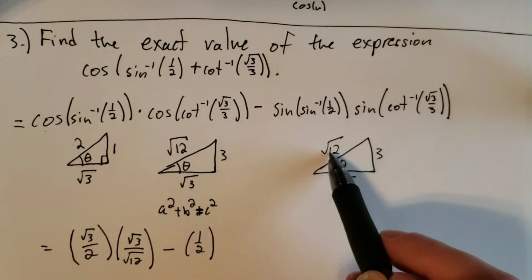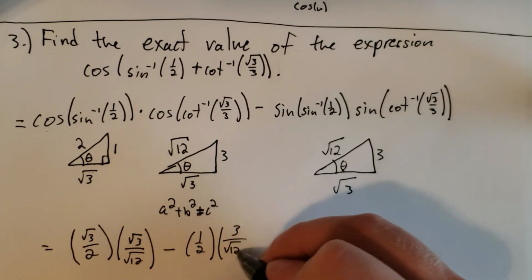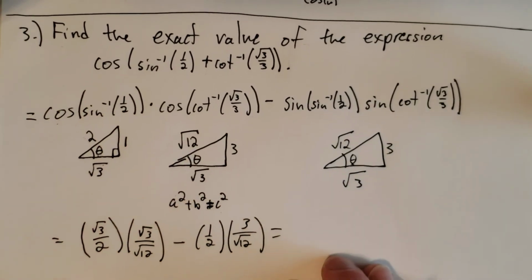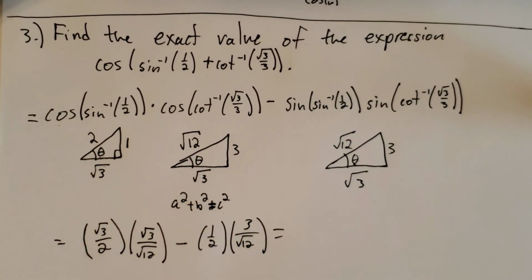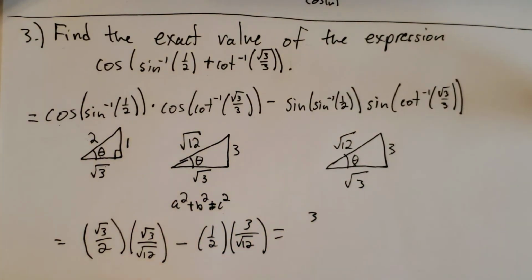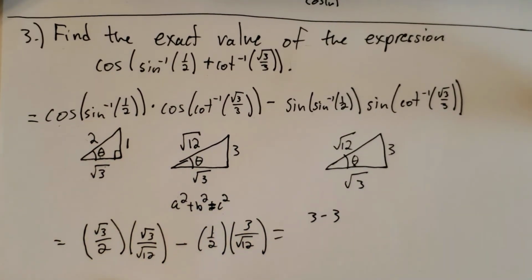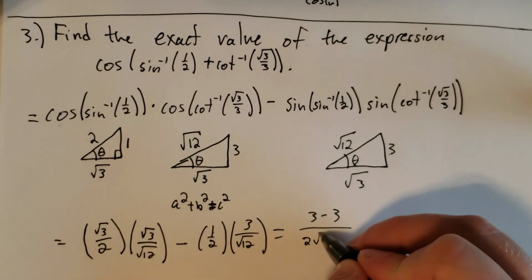So that is opposite over the hypotenuse. So that is 3 over the square root of 12. So we get square root of 3 times square root of 3 over here. That's just 3. You get a minus 1 times 3, excuse me. So it's 3 minus 3, all over 2 square roots of 12.